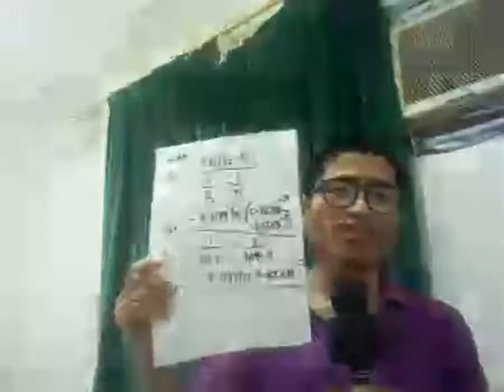PEMDAS is the principle in algebra because it involves a lot of operations here. If you try to reverse that, starting with the subtraction and addition and going on the left side, you will be wrong in your answer. This is the PEMDAS rule in algebra.